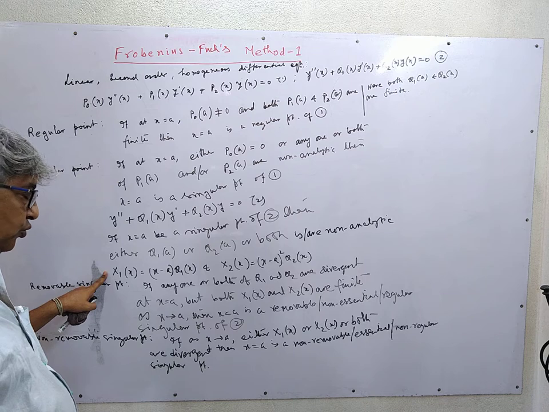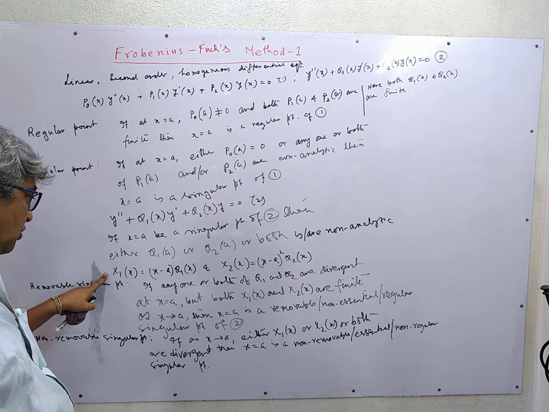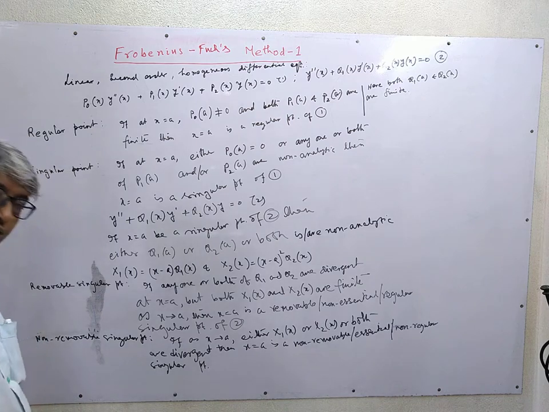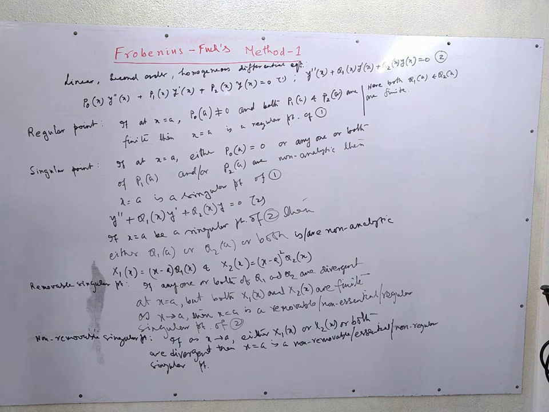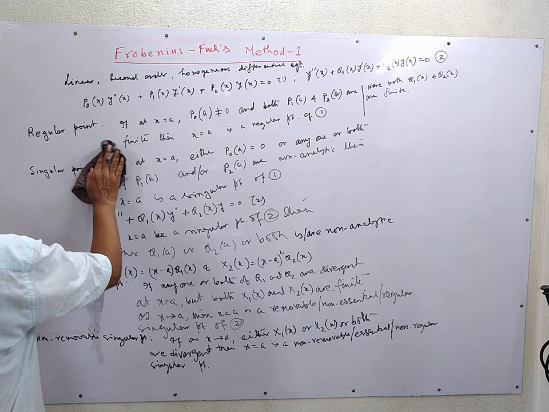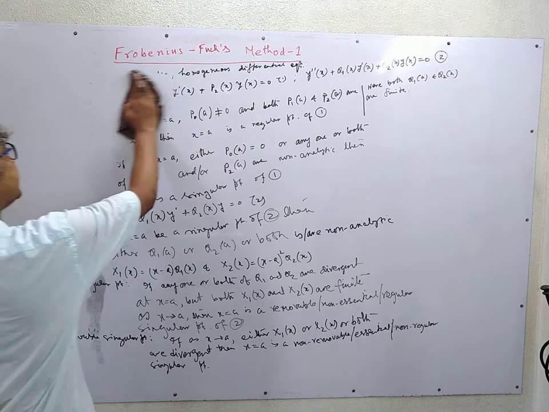Although q1 or q2 may be divergent at x is equal to a, what is the fate of x1 and x2 functions? If both x1 and x2 are finite at x is equal to a, then it is a removable singular point, and if not, it is an essential singular point or non-removable singular point. So we make the summary of it, and in the next class we shall consider a few examples on the singularity analysis.